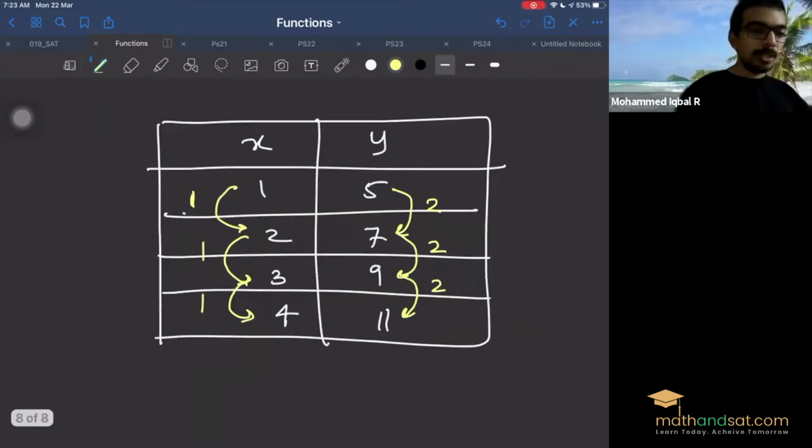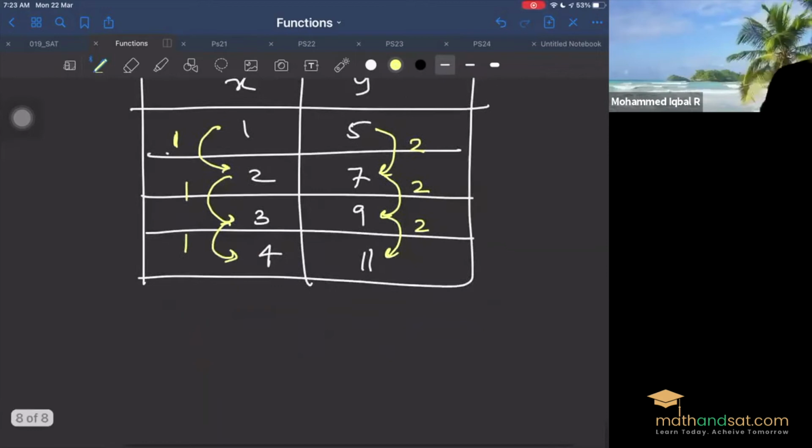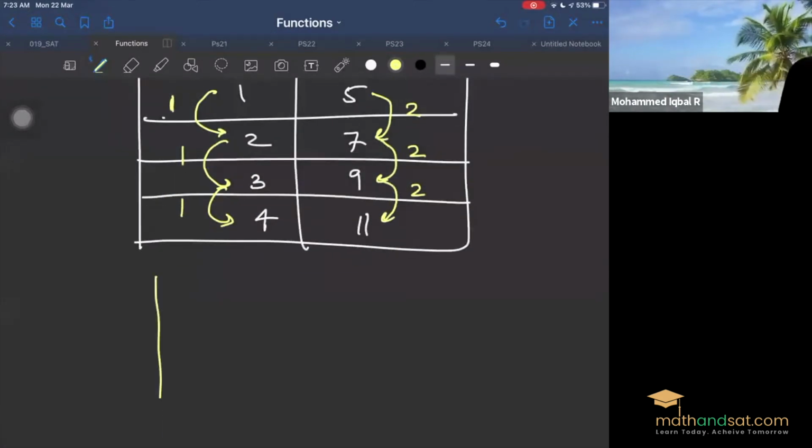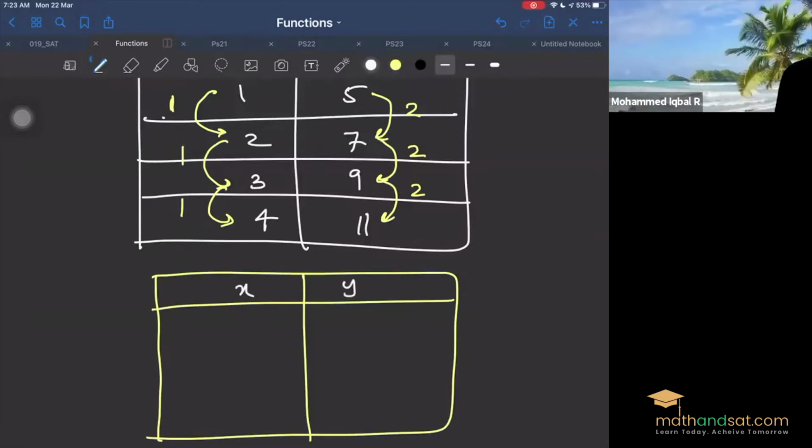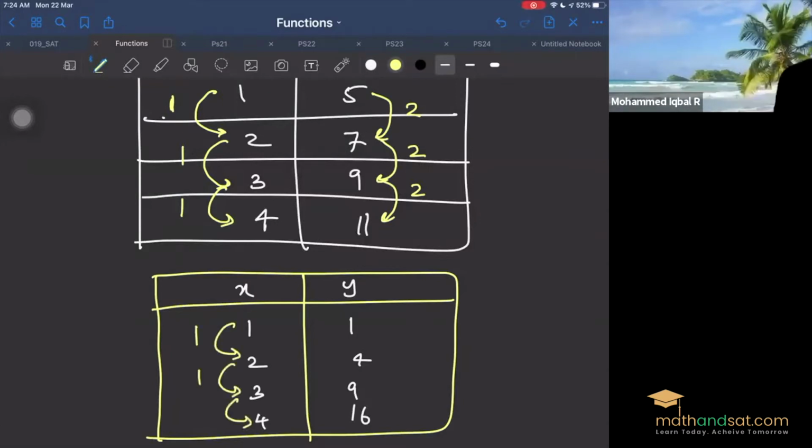See, if the function is not linear, for example, say for 1 we have 1, for 2 we have 4, for 3 we have 9, for 4 we have 16. Now, if I take constant differences in x values, the differences in y values are not the same always.